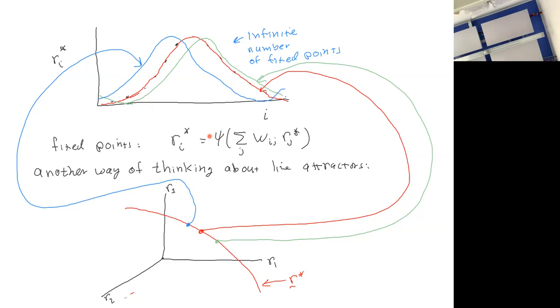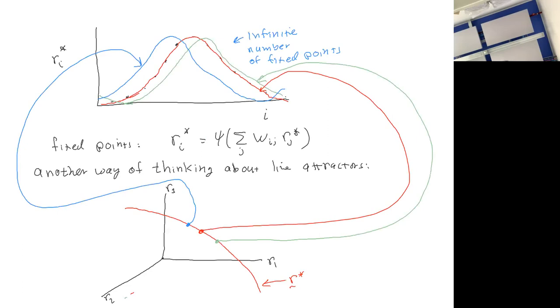And what we saw last time is that there's a certain weight matrix that naturally gives you line attractors, and that's W_ij goes to W_(i minus j).